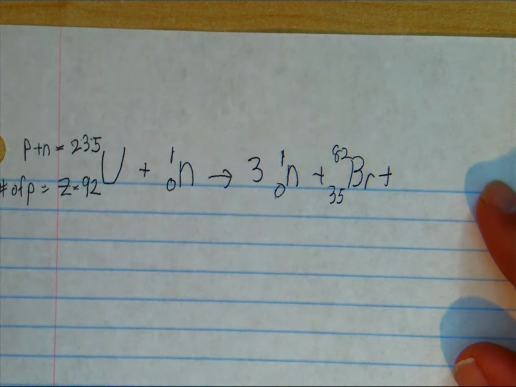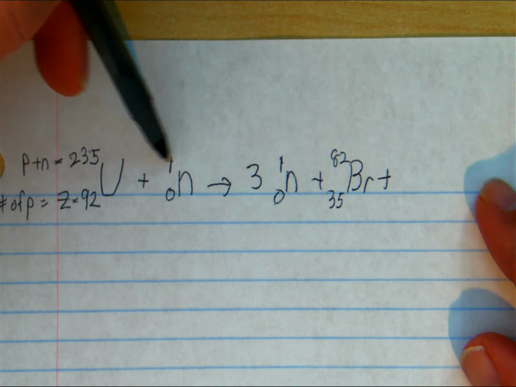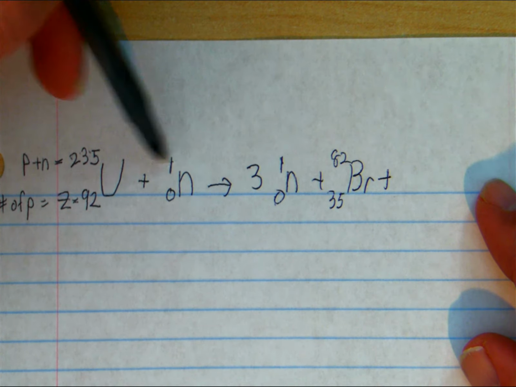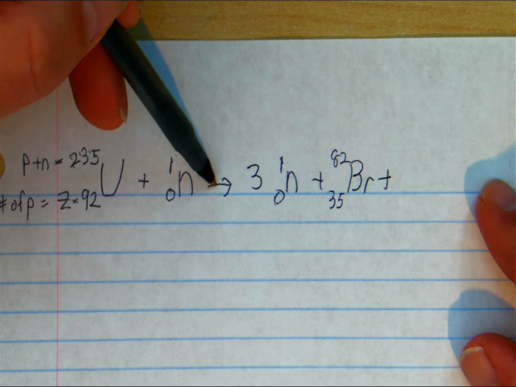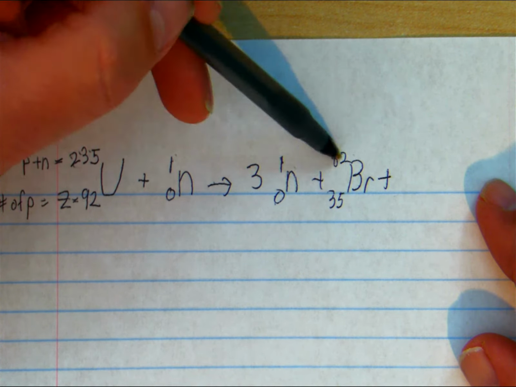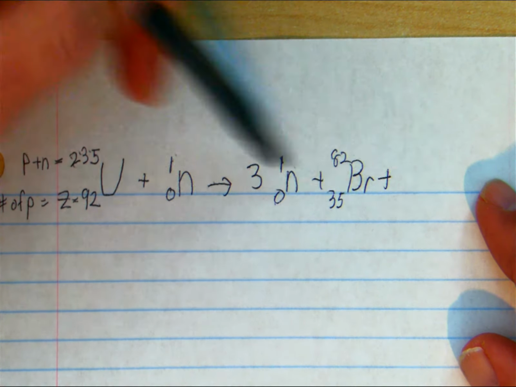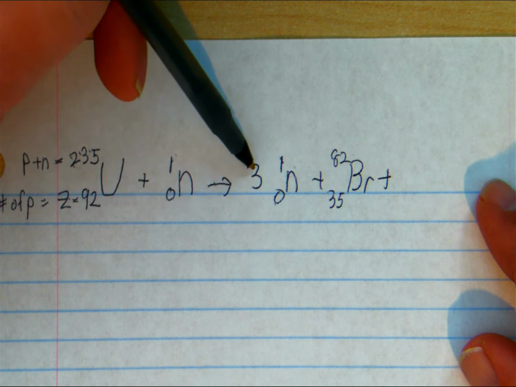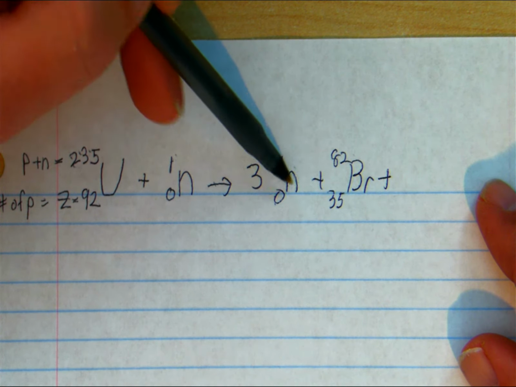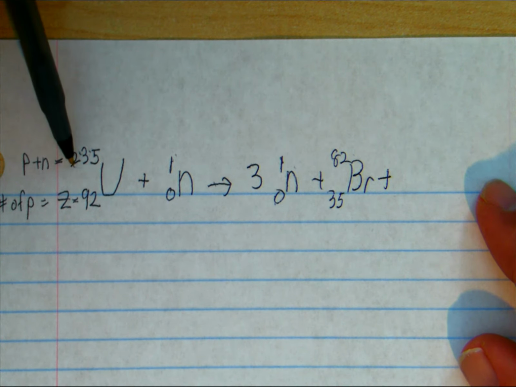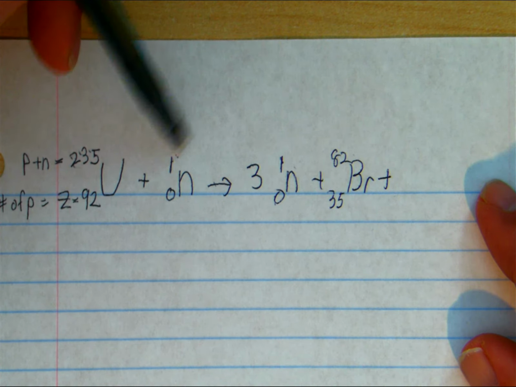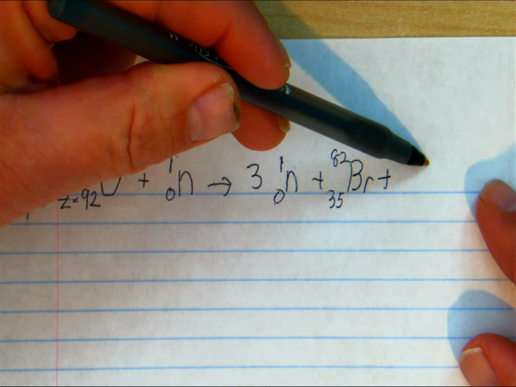And the short answer is the sum of all the numbers up top on the left of the arrow has to equal the sum of all the numbers up top to the right of the arrow. This coefficient means there are 3 of these. So it's not just 235 plus 1 equals 1 plus 82 plus the answer.